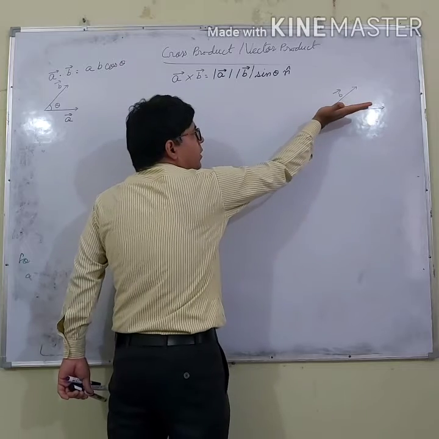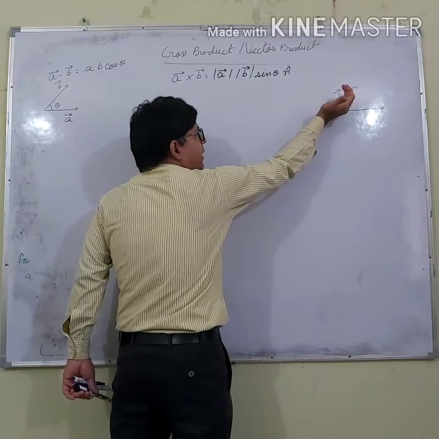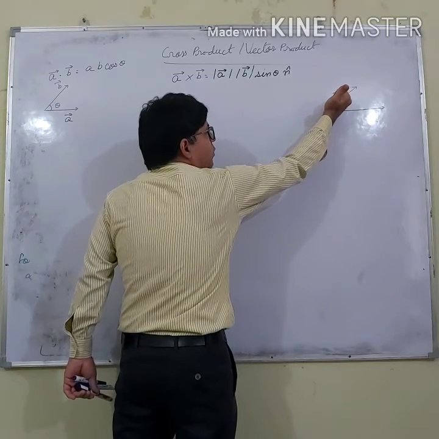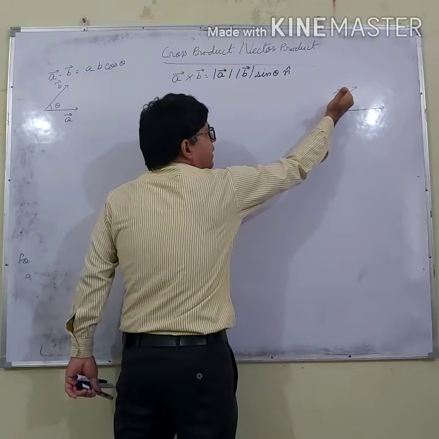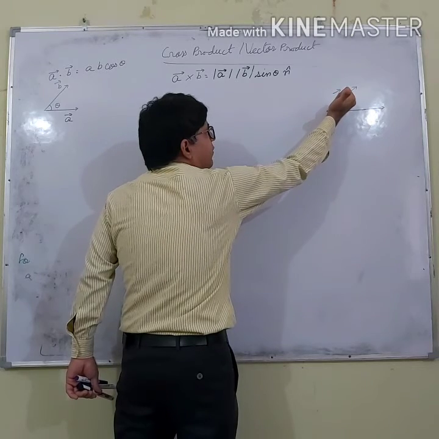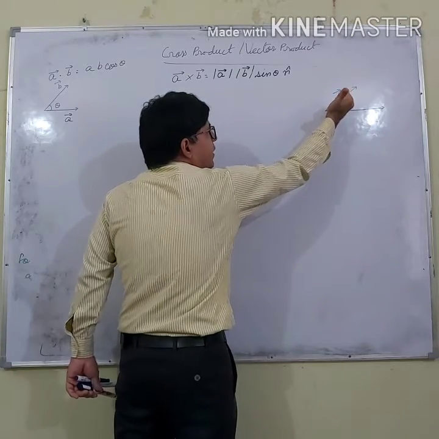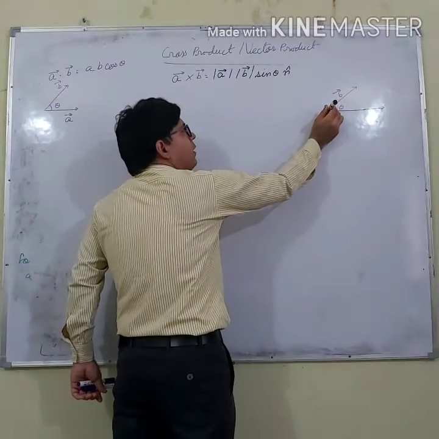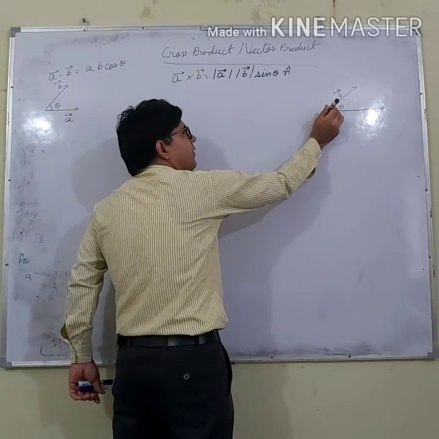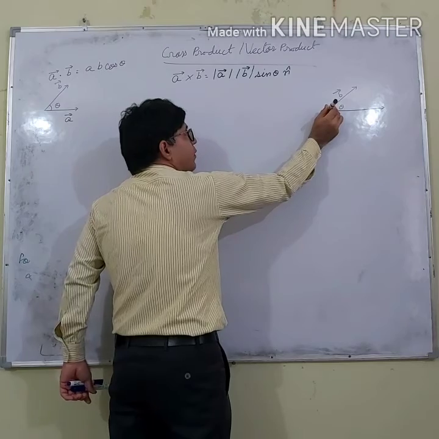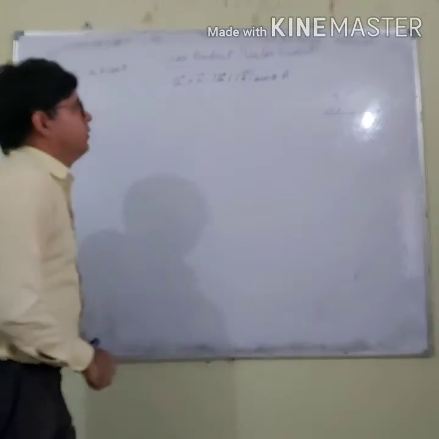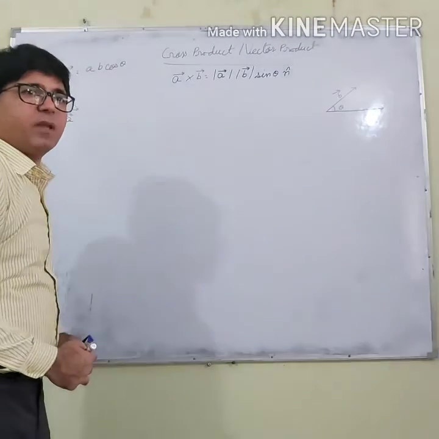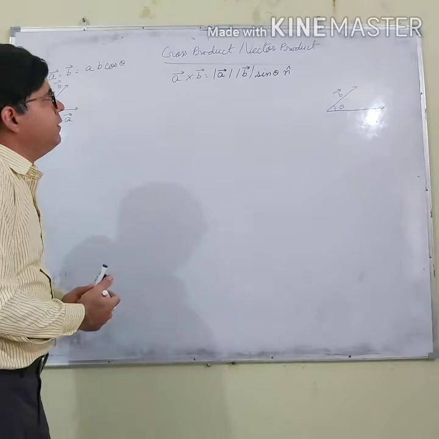So the direction of the unit vector is the outward normal. This marker is giving the direction of the unit vector, which is given by the right hand thumb rule.